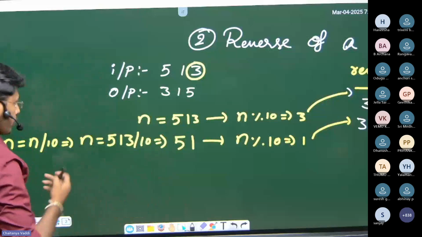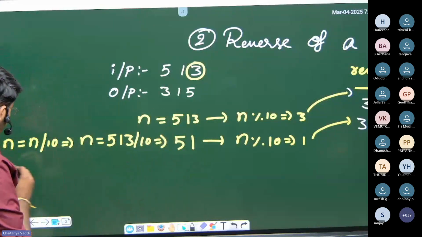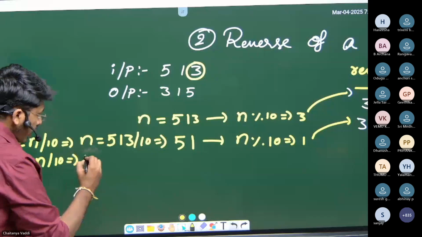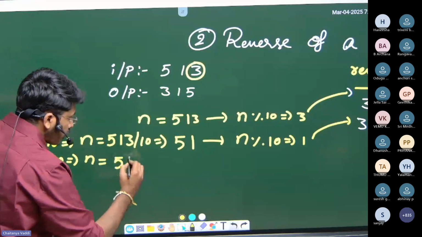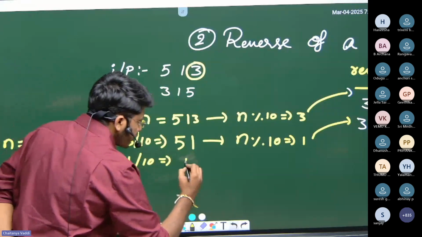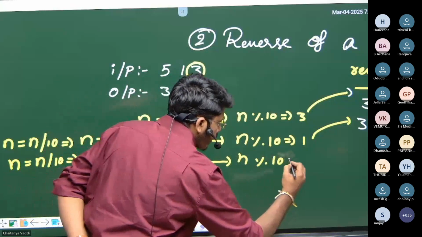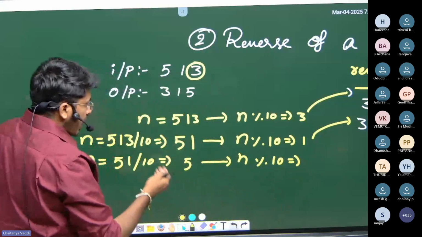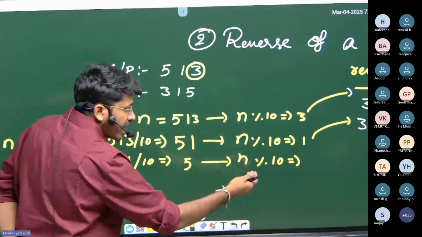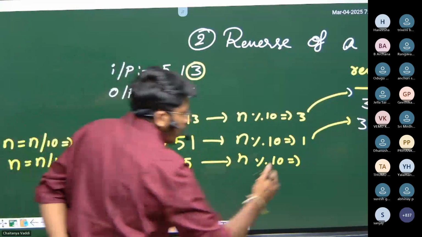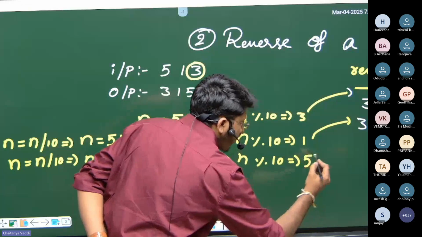So again now, I will divide the user n value by 10. So n equals 51 by 10, nothing but 5, right? And then n mod 10. After n value becomes 5, I will get the unit digit by mod 10, and I will get 5 as the outcome.